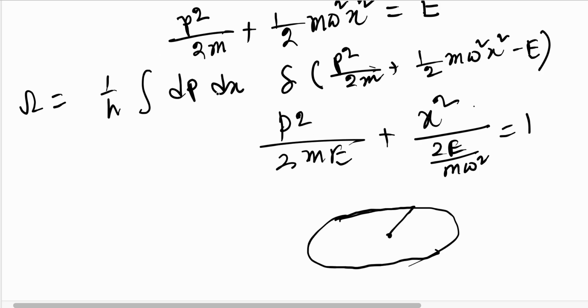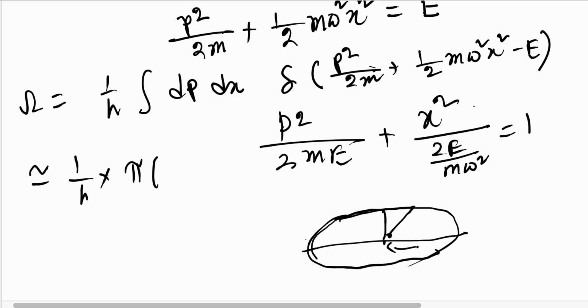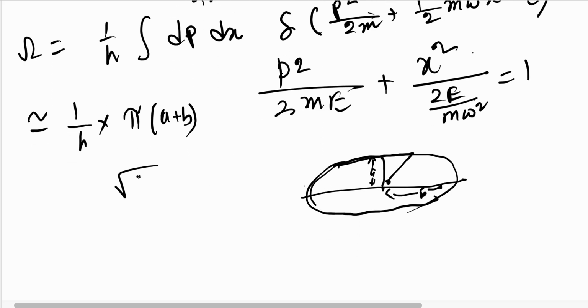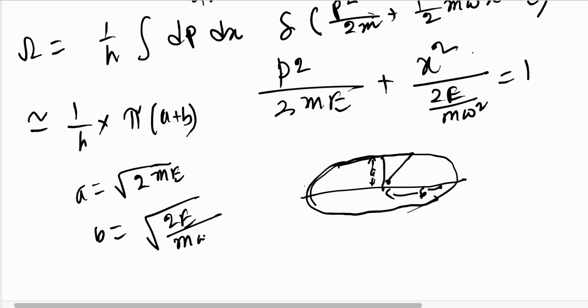So the integral dp dx will be the length of this periphery, or the circumference of this ellipse. It will be approximately equal to 1 by h times pi, if this is b and this is a, times a plus b. And what is a here? a here is root over 2mE. And what is b here? b is root over 2E by m omega square.